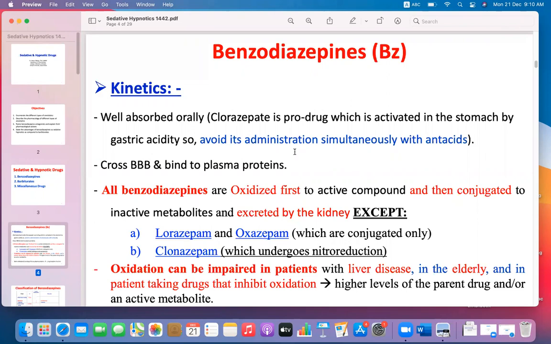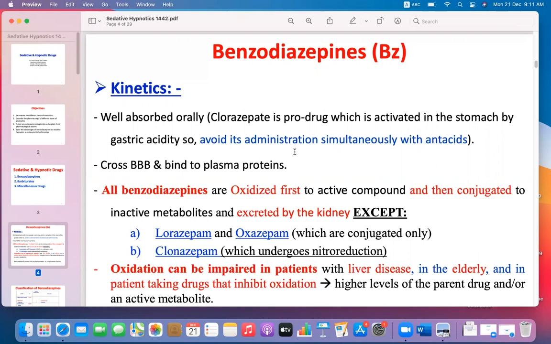So clorazepate needs gastric acid, or we can say acidity is one of the requirements. It is activated in the acidic environment available in the stomach.